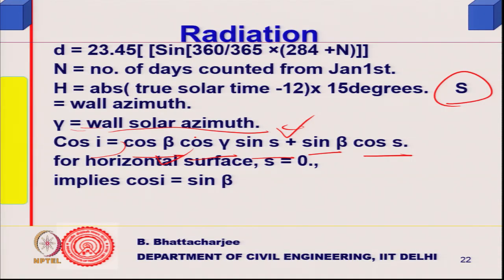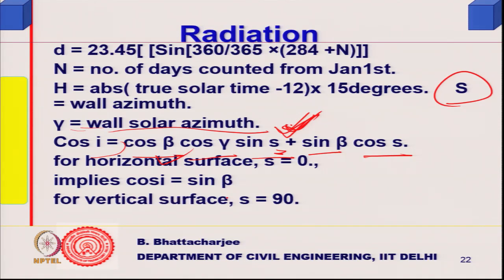Small s is the tilt angle, and the wall azimuth is not coming here. So, it is a function of all this, and for a horizontal surface it is simply cos I is equal to sin beta. We will go into more detail on this. A vertical surface has tilt angle 90 degrees, so correspondingly it changes. These are simple cases, more complex cases we will look into.